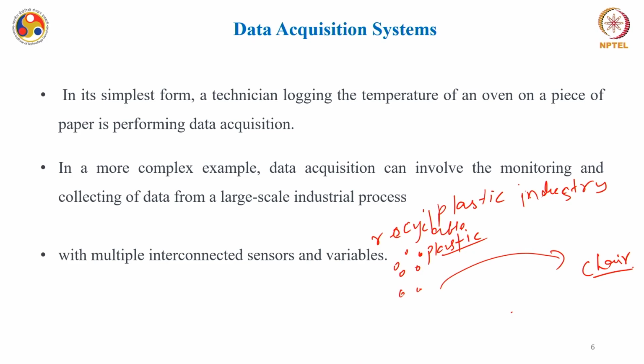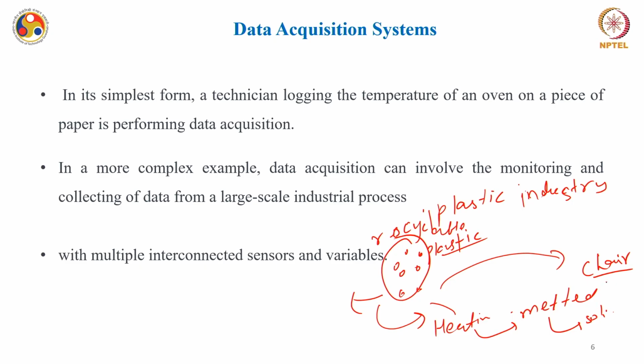Now, this process will involve multiple stages: you have to recycle it, you have to heat it, because of which it gets melted, then solidify it in some form, and in the process there are also n number of gases getting emitted.